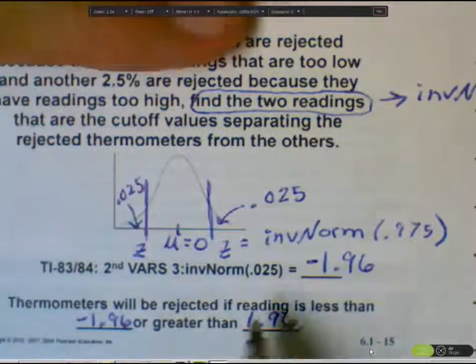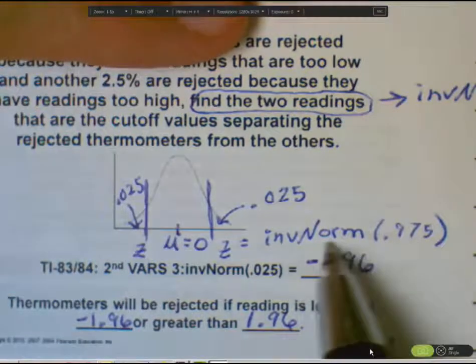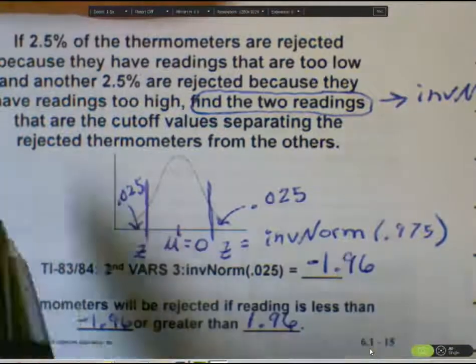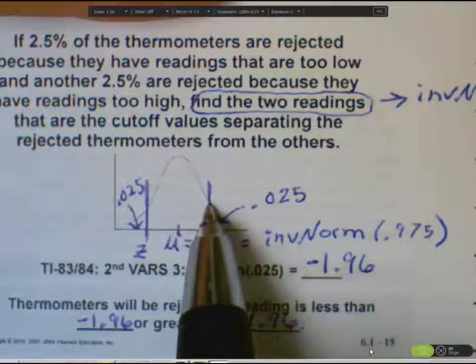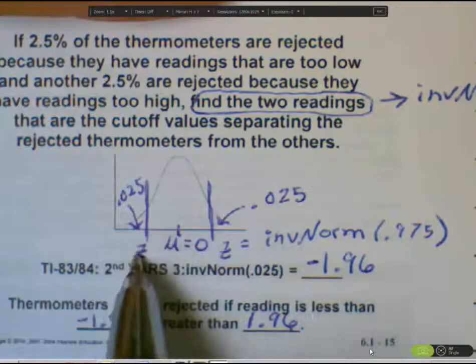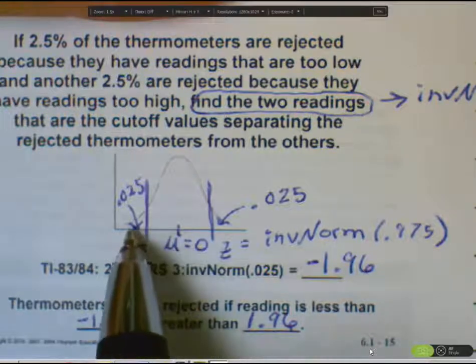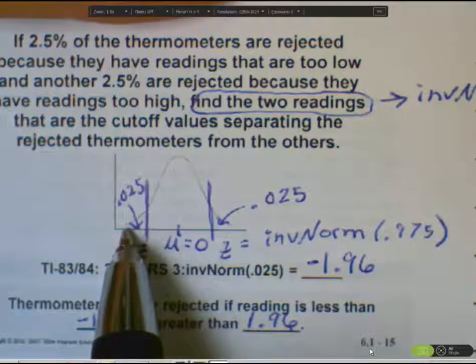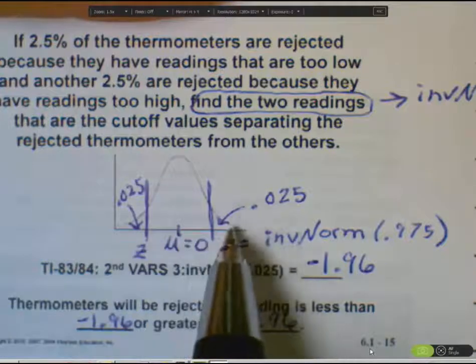But actually, I should not have had to use inverse norm again, because I know this is a normal distribution. I know there should be the same area to the left of negative 1.96 as there is to the right of positive 1.96.